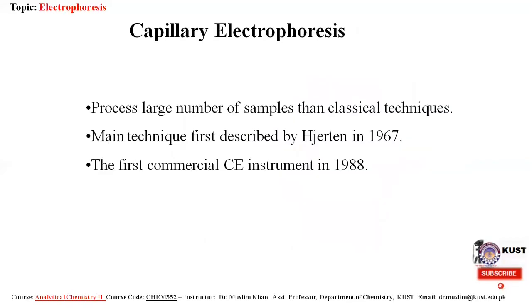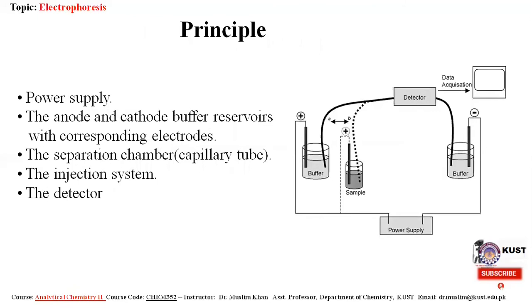Capillary electrophoresis techniques process a larger number of samples than classical techniques. The main technique was first described by Hjertén in 1967. The first commercial capillary electrophoresis instrument was available in 1988. The principle is that it needs a power supply.